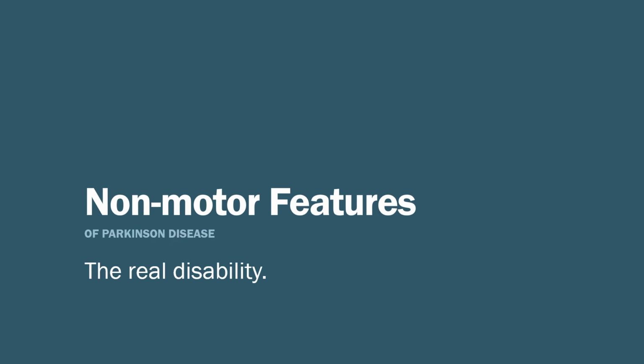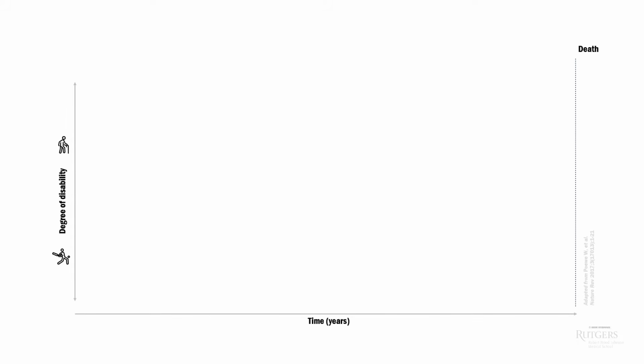Patients with Parkinson's disease will inevitably experience neuropsychiatric and non-motor features, and the disability from these non-motor symptoms is often greater than from the motor symptoms. Here's a hypothetical illustration of degree of disability on the y-axis versus time in years on the x-axis.